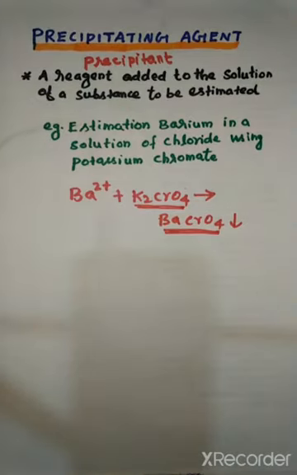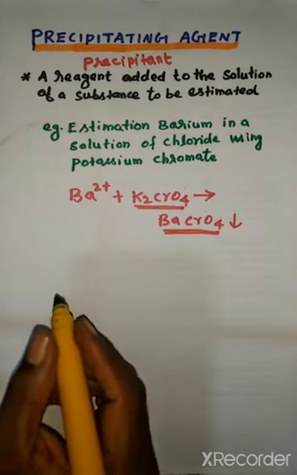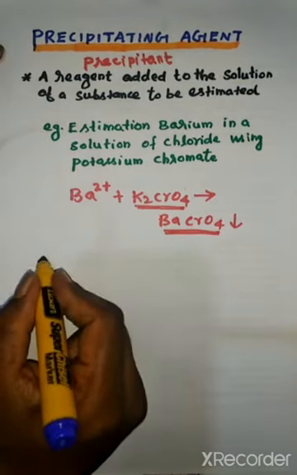So a precipitating agent is a reagent added to a solution of a substance to be estimated so as to precipitate the substance. An ideal precipitating agent should react specifically with the ion or substance to be estimated gravimetrically and give a precipitate.